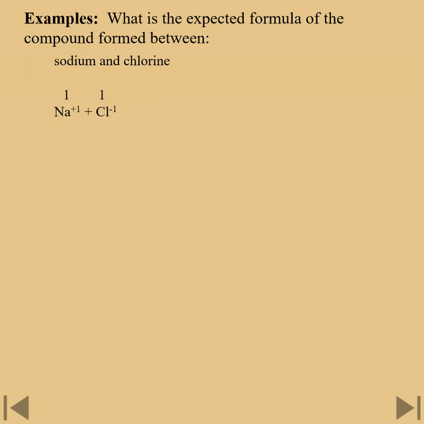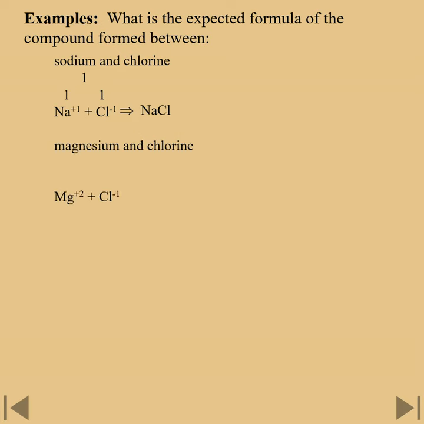Step 2, our easy step, the least common multiple of 1 and 1 is 1. Now in an ionic compound, this is the total number of positives balancing the total number of negatives. So I have +1 balancing -1, so I only need 1 sodium for +1 and 1 chloride for -1. We're going to find that chlorine, when it gains an electron, is called chloride.